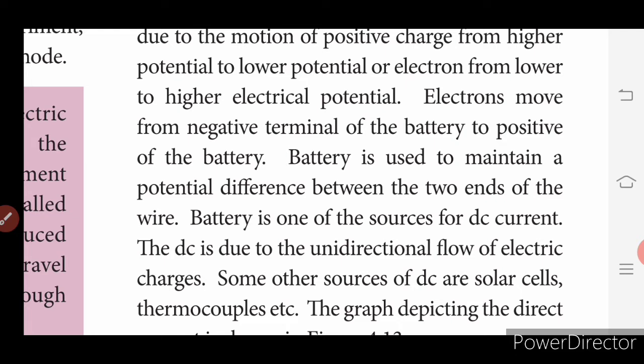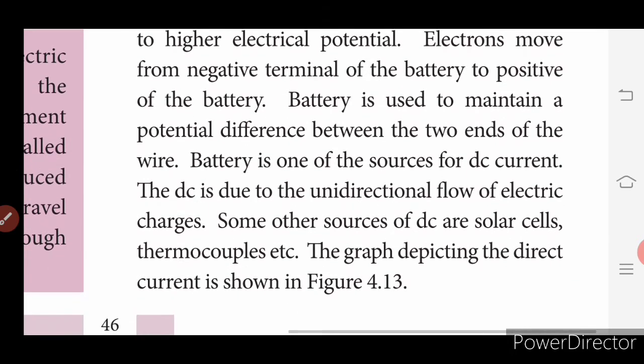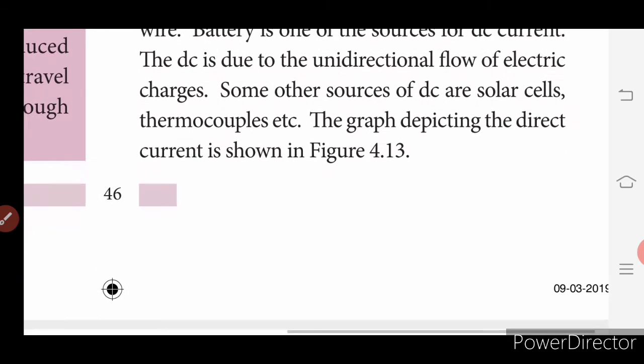Battery is mainly used in a circuit to provide the potential difference between the two wires. So when you use a battery, it produces direct current. Direct current is due to the unidirectional flow of electric charges. Whenever charges flow from the battery to the connected wire or appliances, direct current flows.